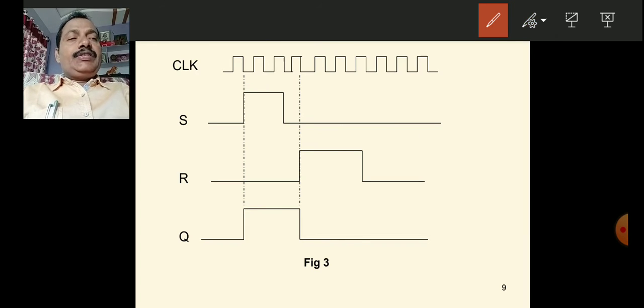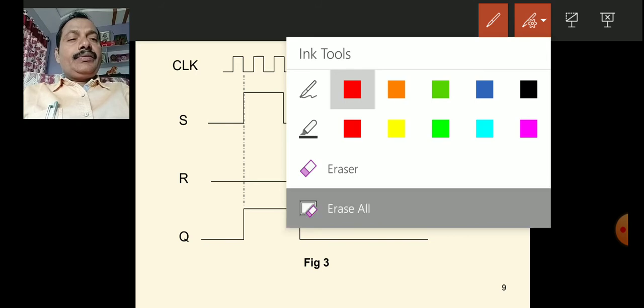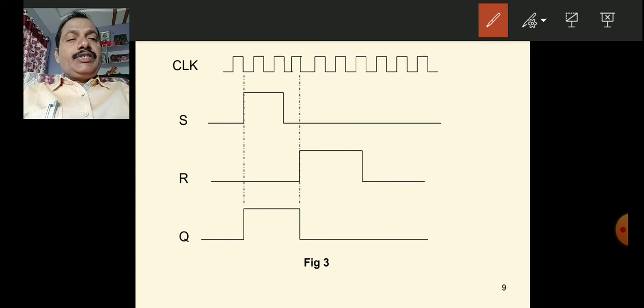And at this instant of time, at this clock edge, what happens is S is 0, R is 1. S is 0, R is 1 means Q is 0. Flip flop is reset to 0. So that is the meaning of this timing diagram.